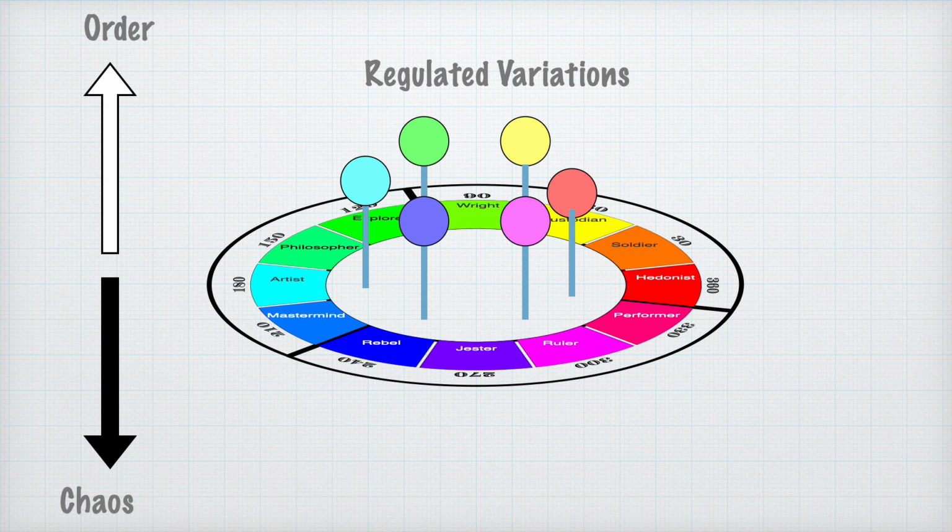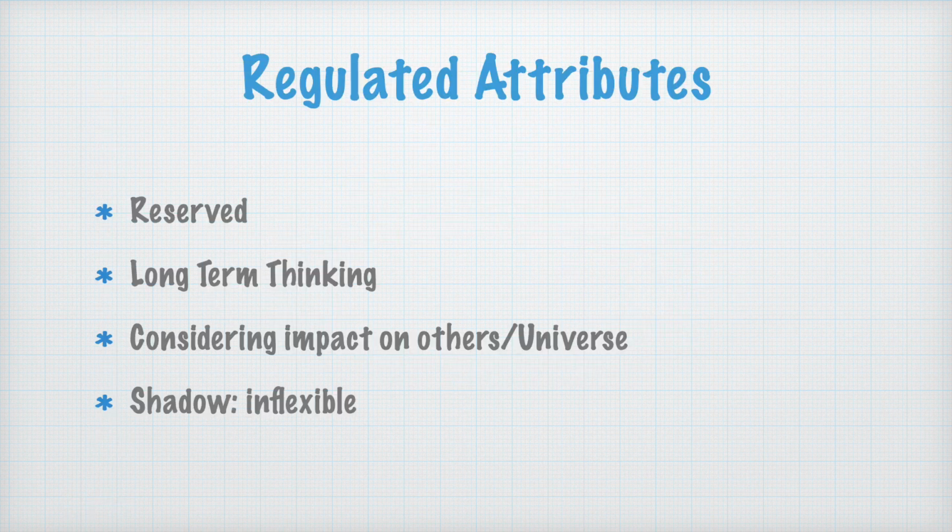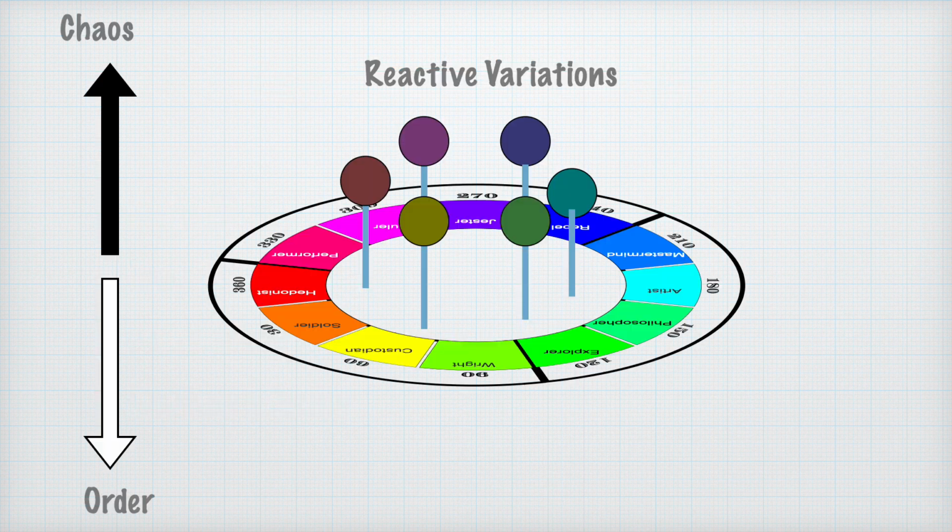They just operate in a more orderly fashion. And these people would be more reserved, more long-term thinking, more considerate of how their actions are going to impact others or the universe, with the downside being that they're a bit more inflexible than most.